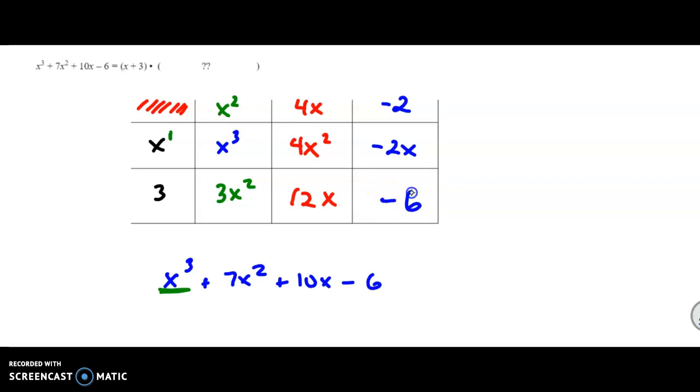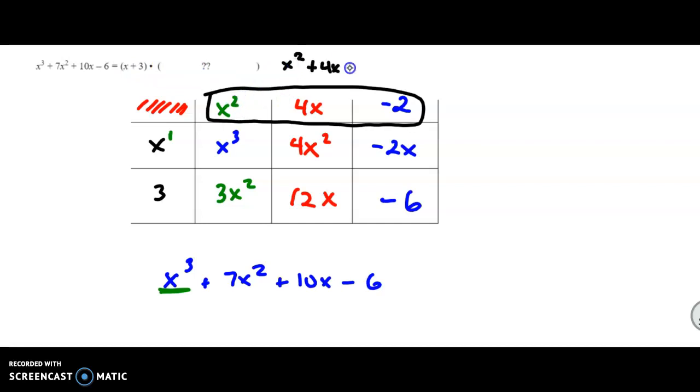Okay. So this whole thing here is what we want inside the parentheses. x plus 3 times x squared plus 4x minus 2, right, equals all of that. Okay, so that's why the two-way table was pretty important earlier this week.